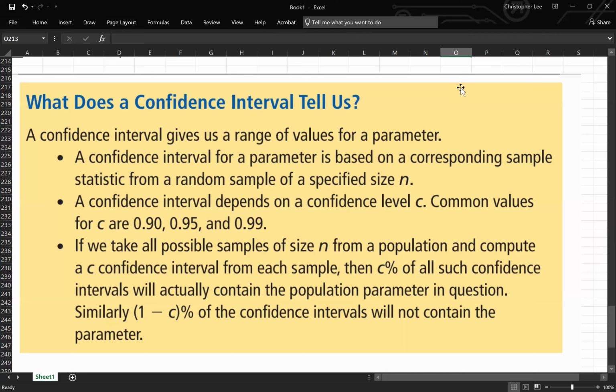Similarly, one minus the confidence level of a confidence interval will not contain the parameter. That's understandable, right? If my confidence level is 90% and I do 1 minus 90%, I'm going to get 10%. So 10% of the samples will not contain the population mean.